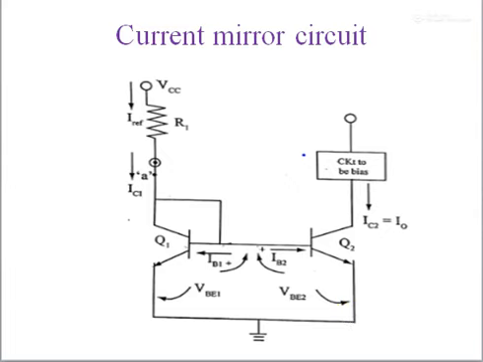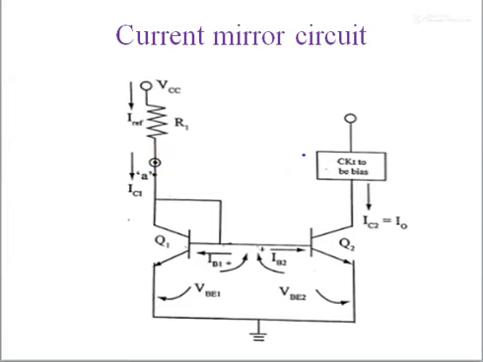This voltage establishes an emitter current IE and collector current IC, which is equal to alpha into IE. Since the bases and emitters of Q1 and Q2 are tied together, VB1 is equal to VB2. As long as Q2 is maintained in the active region, its collector current IC2, equal to I0, will be approximately equal to I reference.